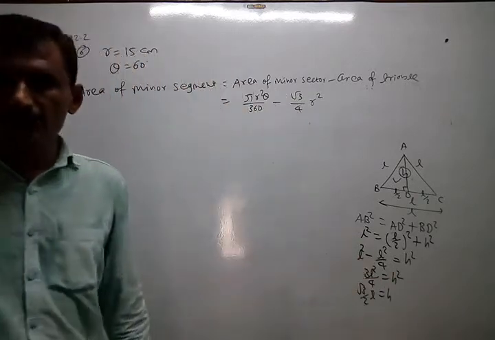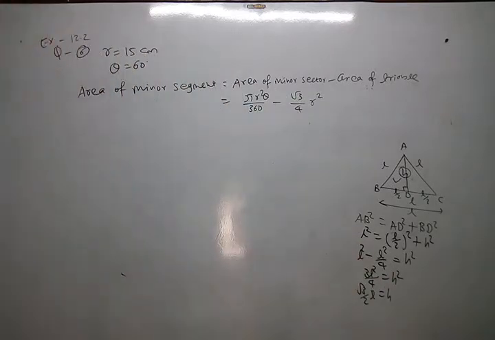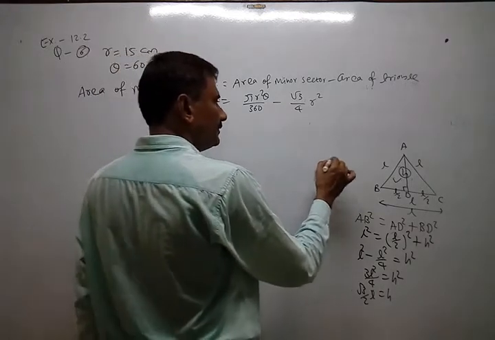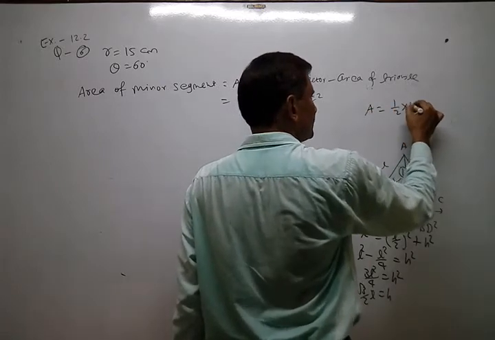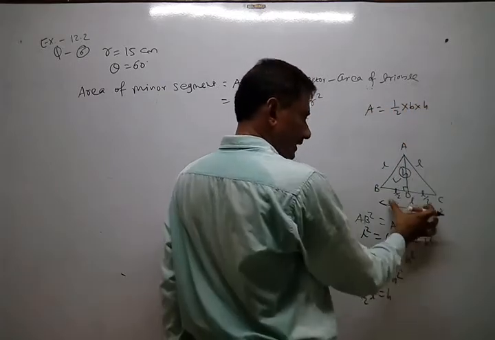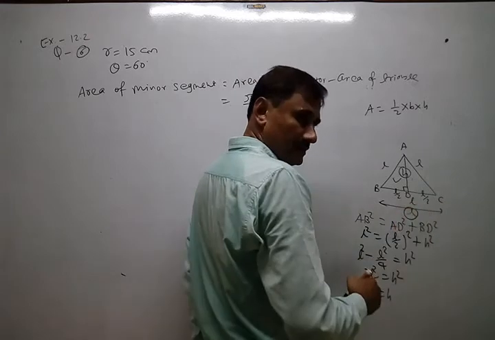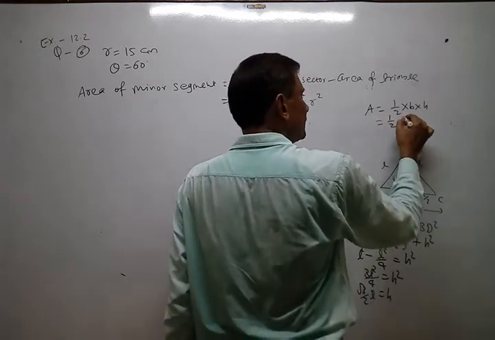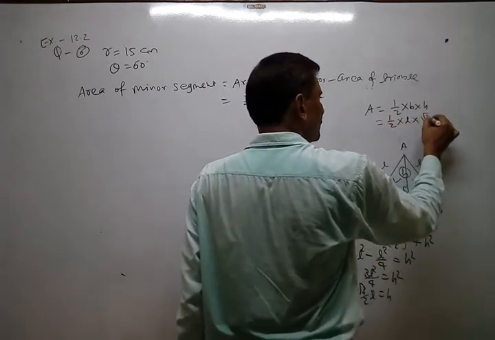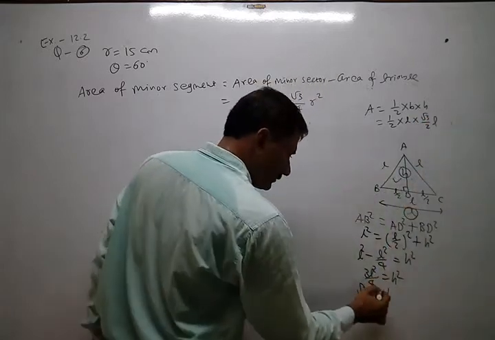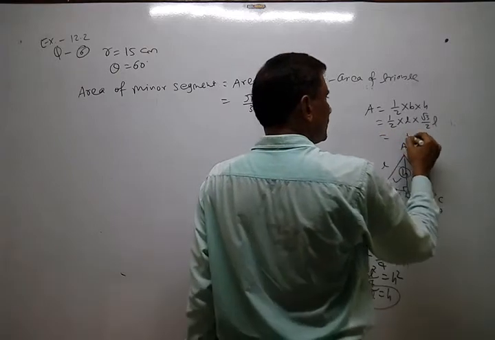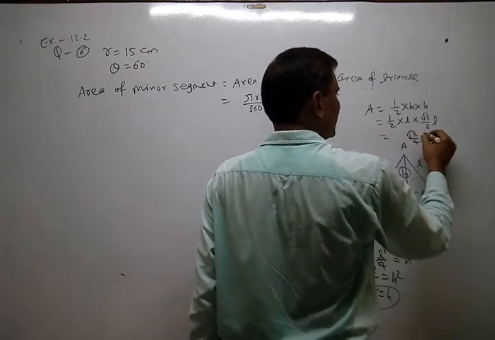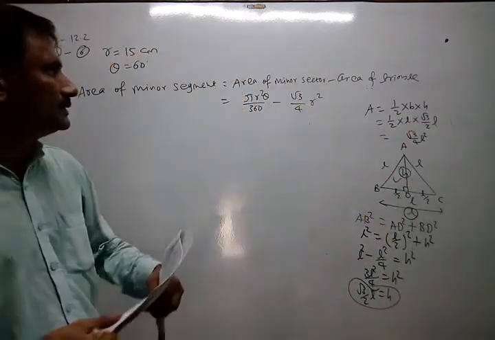This is the altitude we got. But actually we want area. So area is equal to half into base into height. Height we already obtained, and base is previously given L. So half into L into root 3 by 2 L, which we found by Pythagoras formula. So it becomes root 3 by 4 L square. So that is the derivation of this formula.